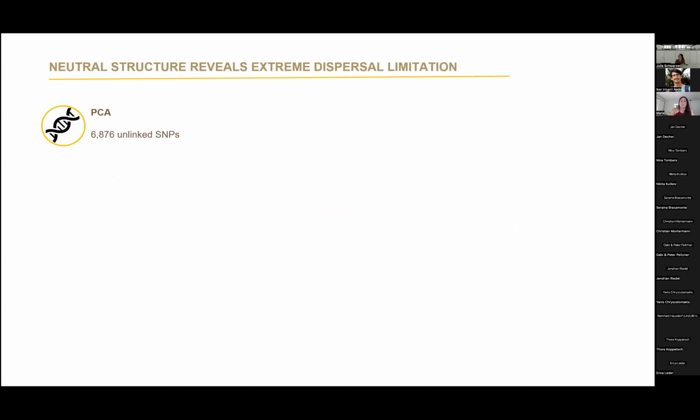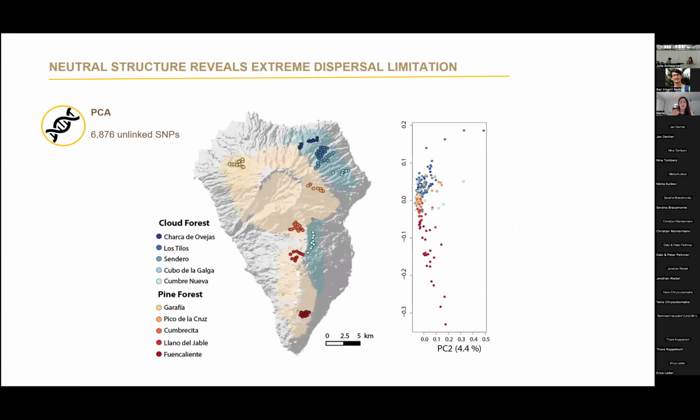Now moving into the genomic data. First, we analyzed the neutral genomic structure. We performed a principal component analysis with almost 7,000 unlinked SNPs, and as you can see in this PCA, it corresponds with the geographic distribution within the island.